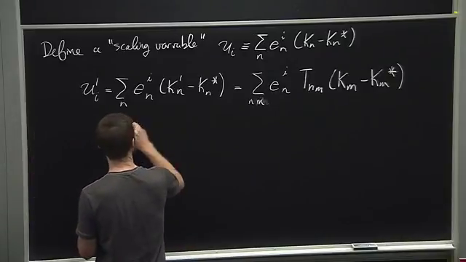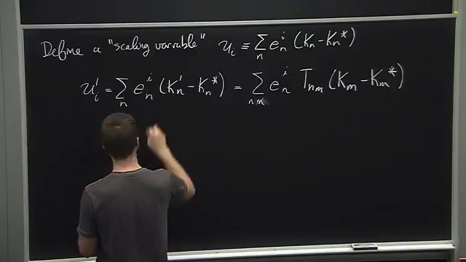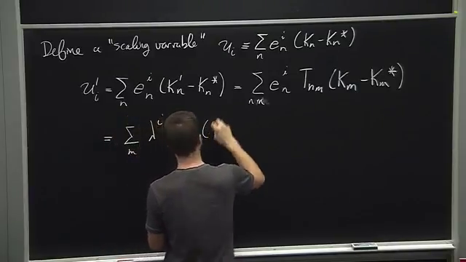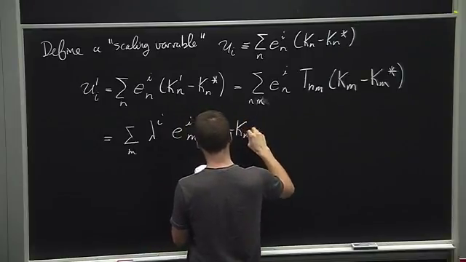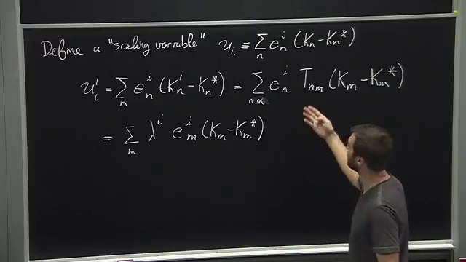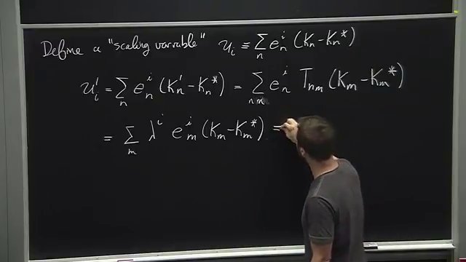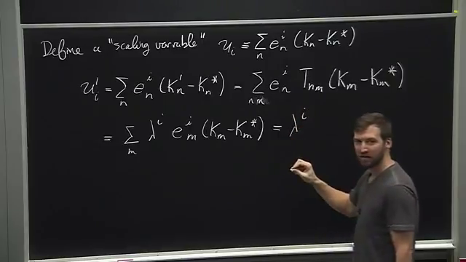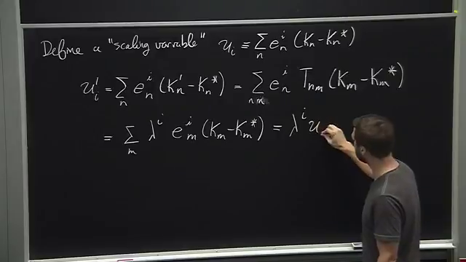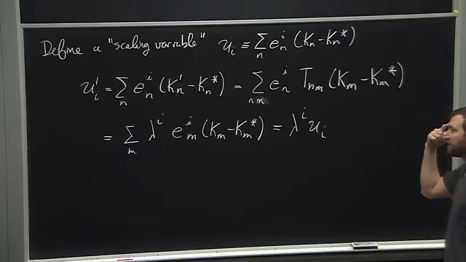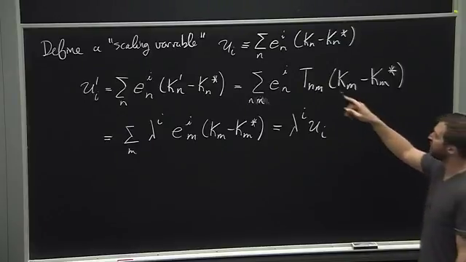Then I just have the sum over M, eigenvalue, eigenvector, K_m minus K_m star, which is just the scaling variable, right? So I just have the eigenvalue and the scaling variable. What I've done is I've just made a linear combination.